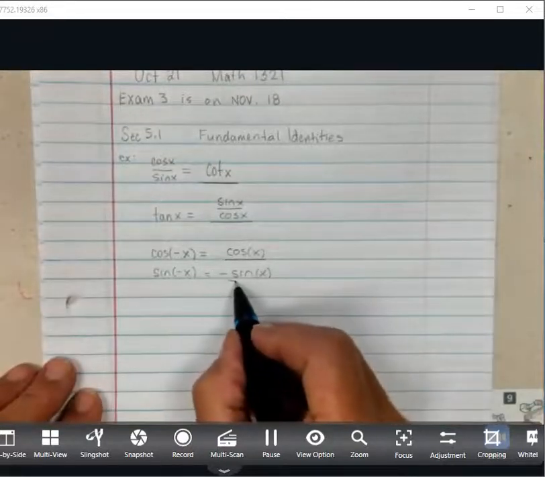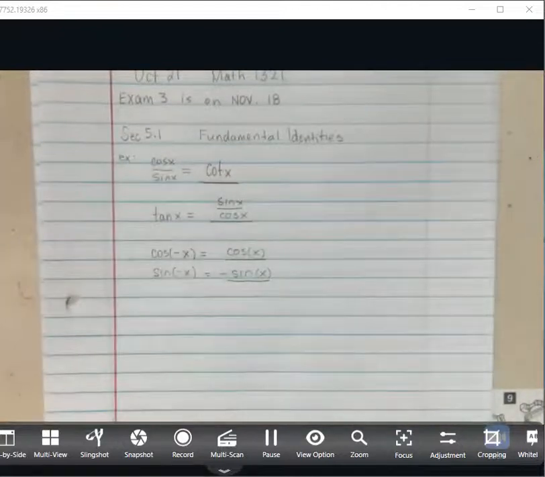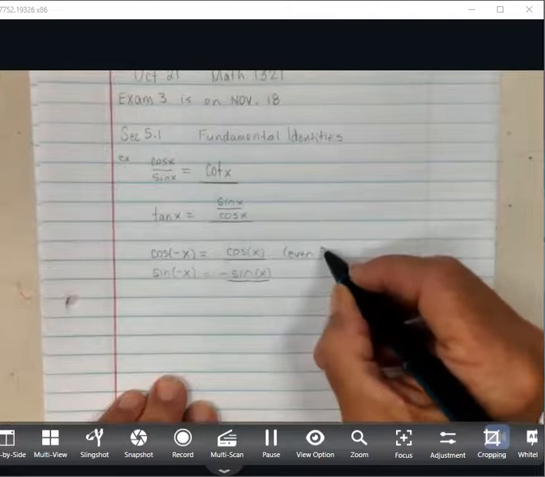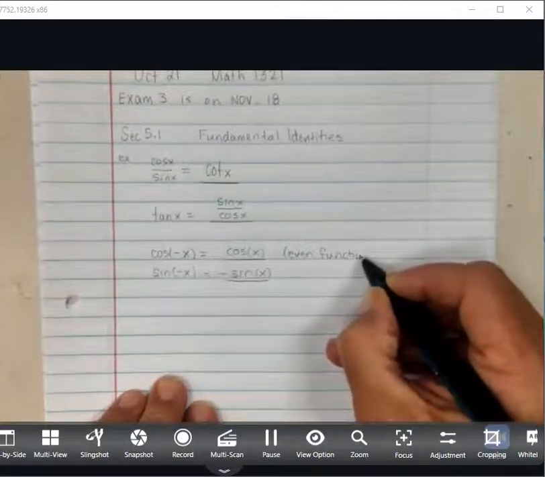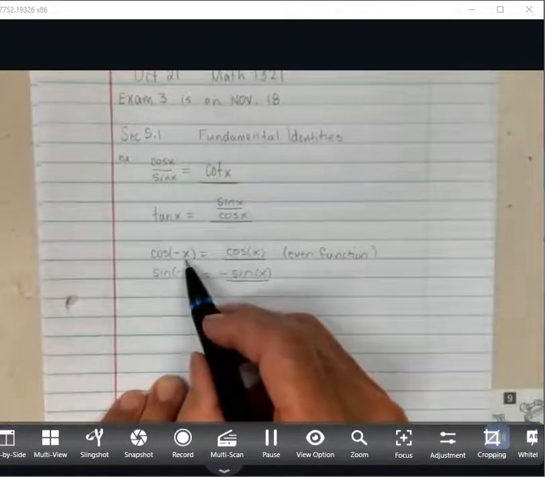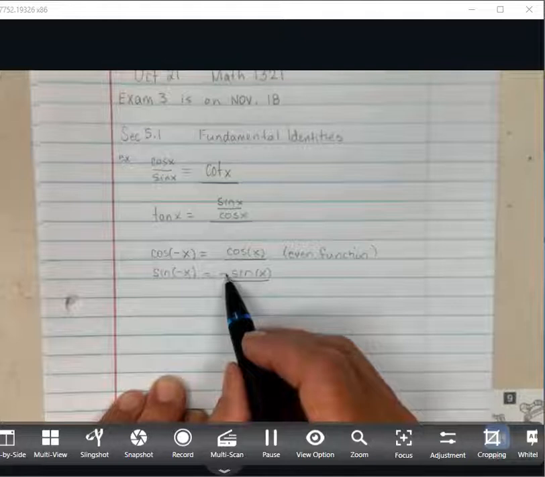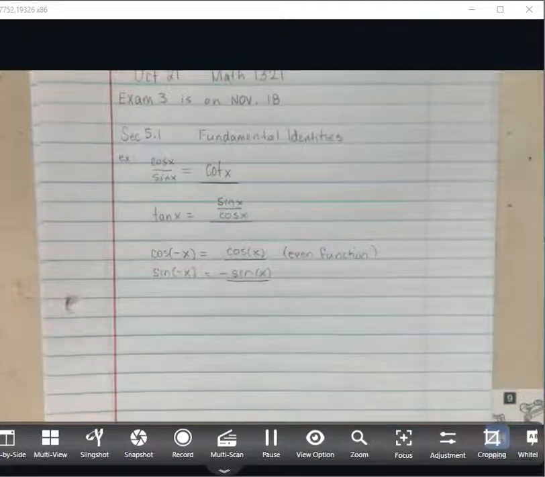Only the cosine and 1 over the cosine are considered even functions, in that putting the minus angle in here is the same as putting the positive version of the angle in here. All of the other ones change the sign because they have some sine function in them.